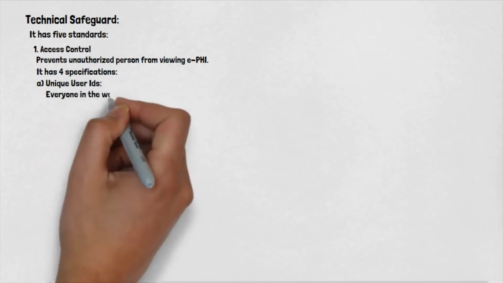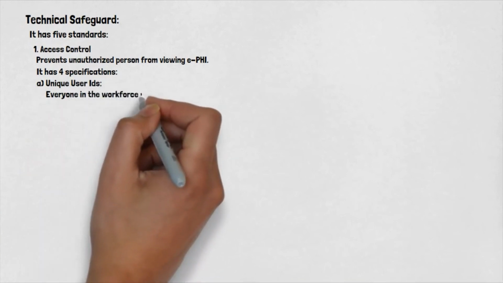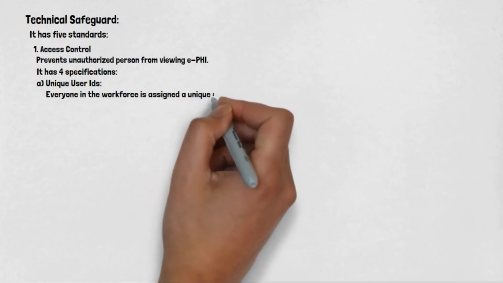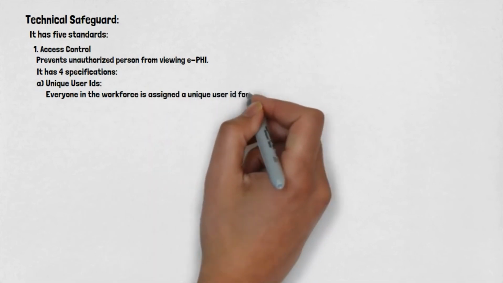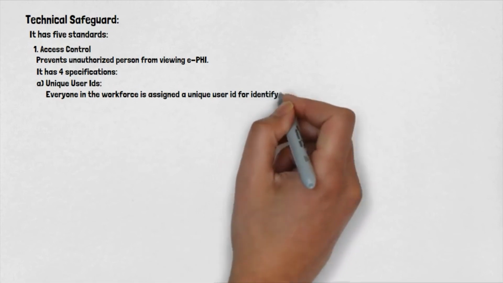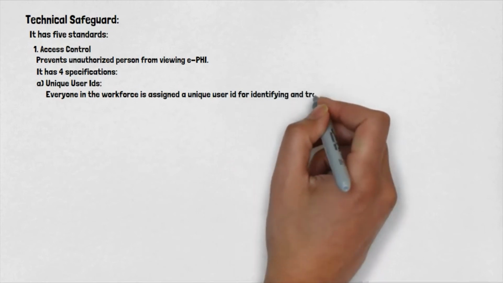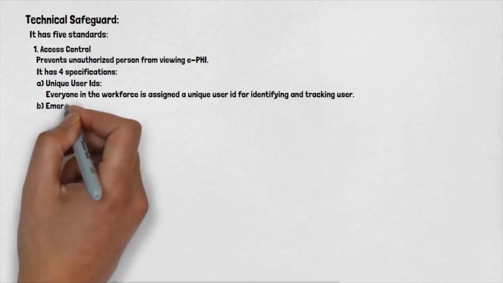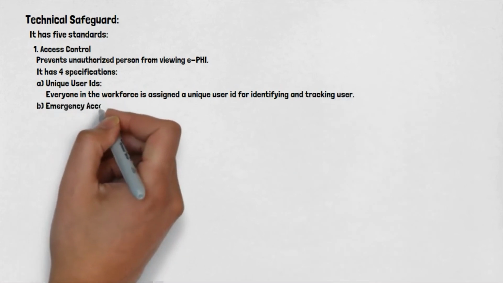The first one is unique user IDs. Everyone in the workforce is assigned a unique user ID for identification and tracking purposes.